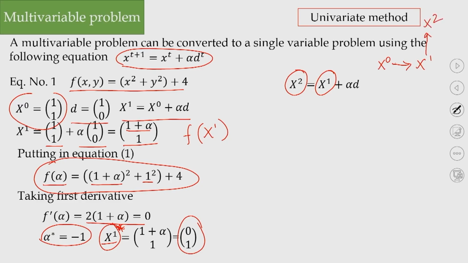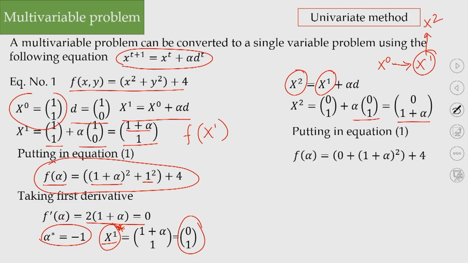This is the idea. My starting point is x1. So, x2 equals the starting point x1, that is (0, 1), plus alpha. Now, I am going along the y direction, so the y direction is (0, 1), and therefore x2 is (0, 1) + alpha (0, 1).